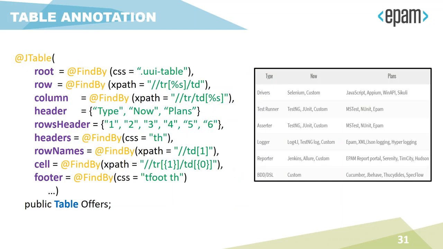Okay, let's move on to a not-so-standard table, because developers can design their tables in any kind of way. And for a table, we have a lot of settings that you can specify. This can be the root for this table, row locators, column locators. You can specify a list of headers for this table or for rows.